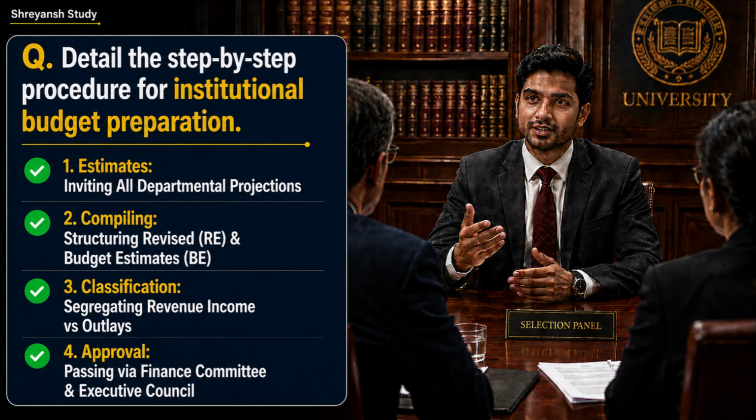Classification, segregating projections into income: fees, grants; and expenditure: salaries, capital outlays. 4. Statutory approval, placing the draft before the Finance Committee for screening, followed by approval from the Executive Council and final submission to the state government for grant allocation.